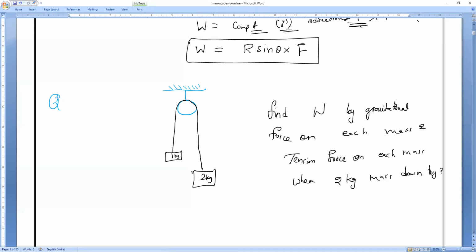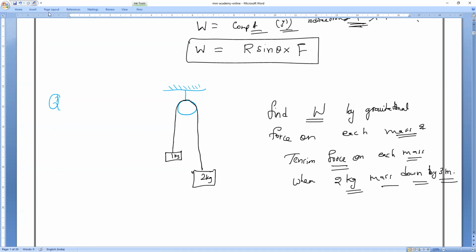Do you all understand, everybody? So please read the question. What are the two things we have to find here? Find the work done by the gravitational force on each mass and the tension force on each mass when the 2 kg mass goes down how many meters?